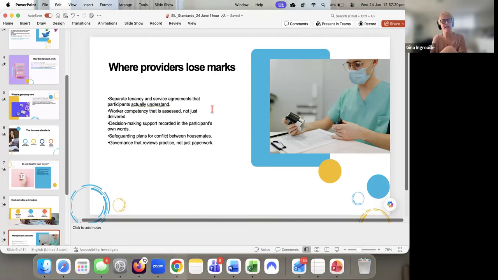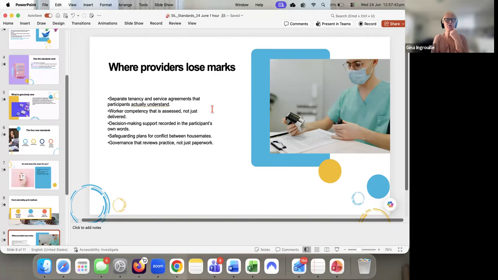What do you understand about that? Obviously, there's going to be different understandings from people with different diagnoses and different skills, but we can get a sense of whether somebody's actually understood what they're getting into, what it all means. And yeah, that comes back to that sort of safeguarding and rights-based stuff.